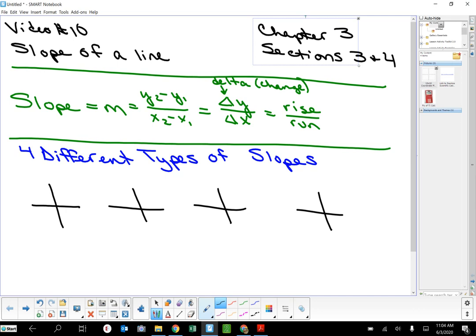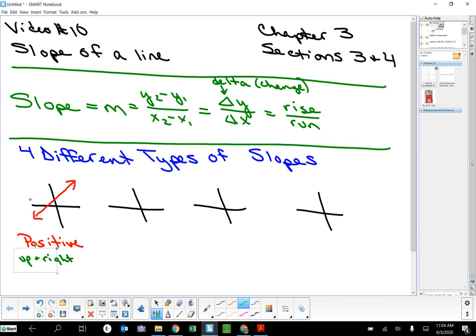Okay. And the first one, I want you to draw a line that starts on the left and goes up and to the right. And this represents a positive slope. Okay, that positive slope goes up and right when you go across the line.